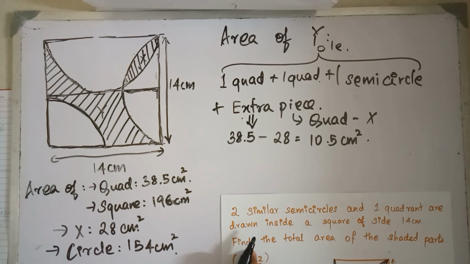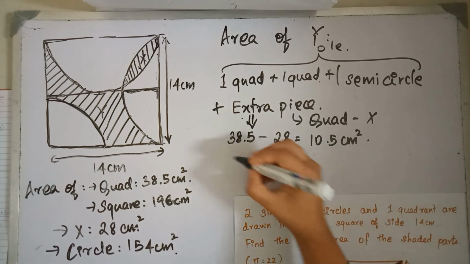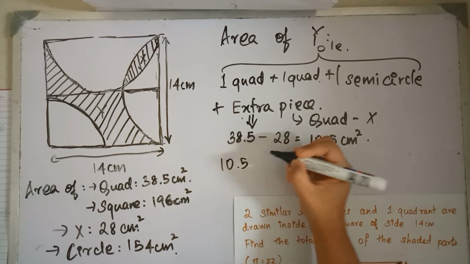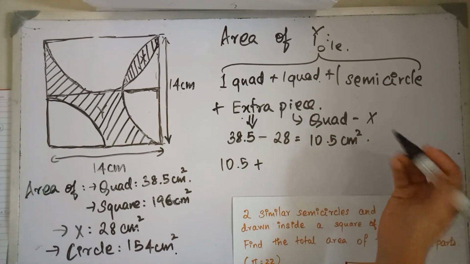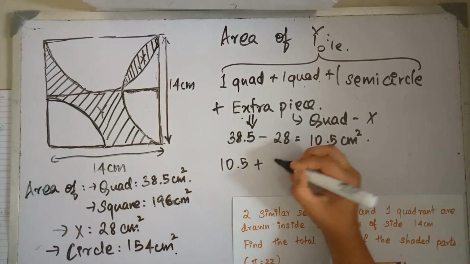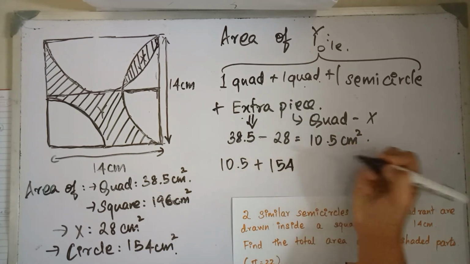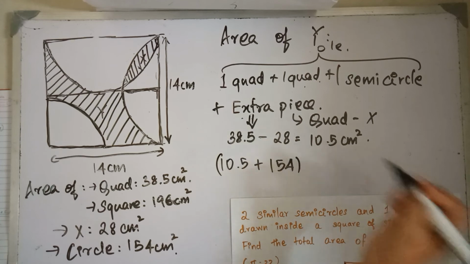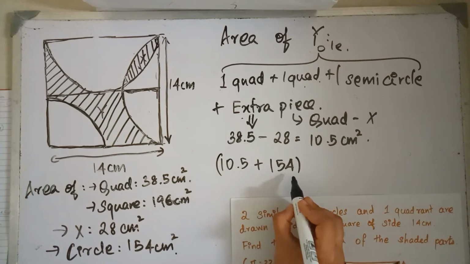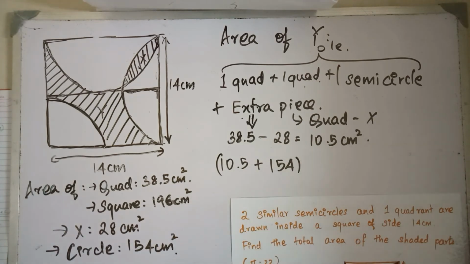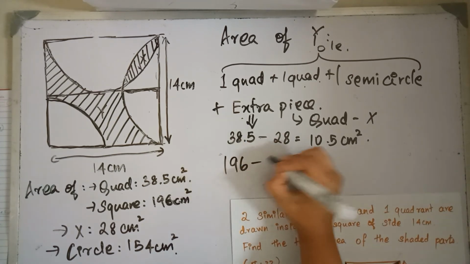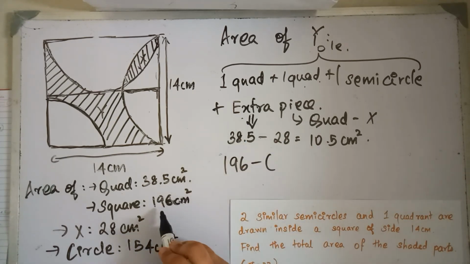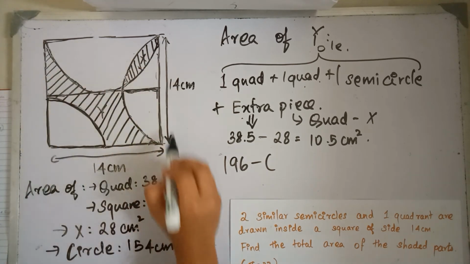Now that we have found out the area of the extra piece is 10.5, and we have the area of the circle, which is 154. If we subtract both of these from 196, which is the area of the square, what is the area of the whole square?